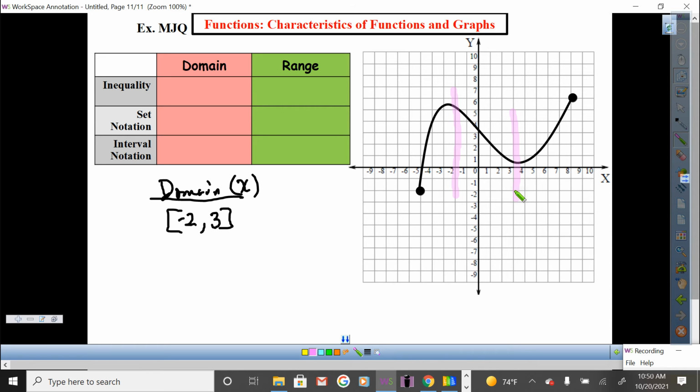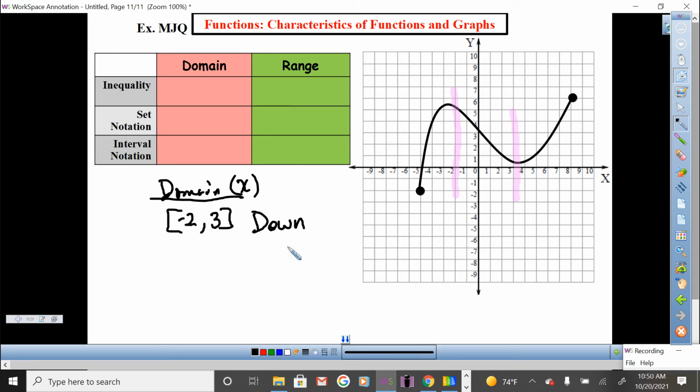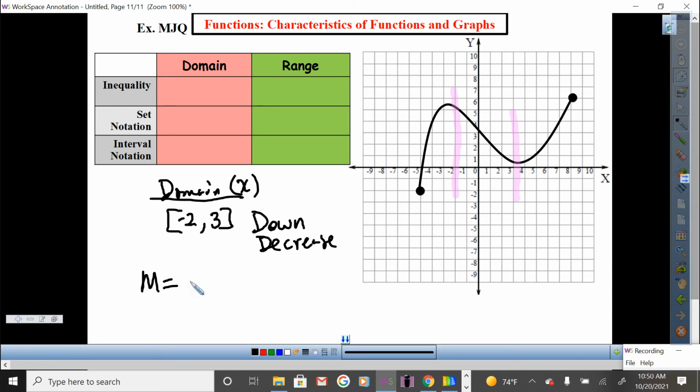Tell your neighbor, what's happening to that graph from -2 to 3? Give me some words. Down. Yes. What else? Yeah, some of you are saying decrease. All that is correct. They just want you to describe what's happening. But check this out. What if they said find the slope? Tell your neighbor, what would you do to find the slope of this section of the graph?